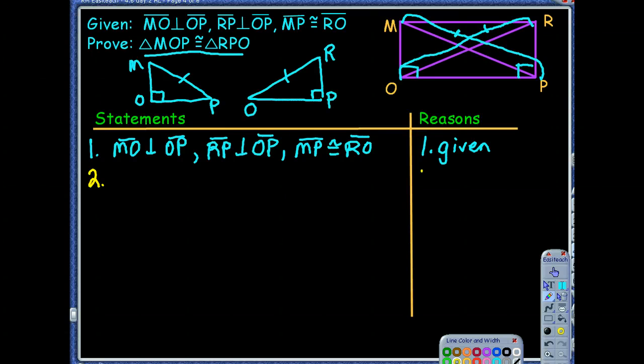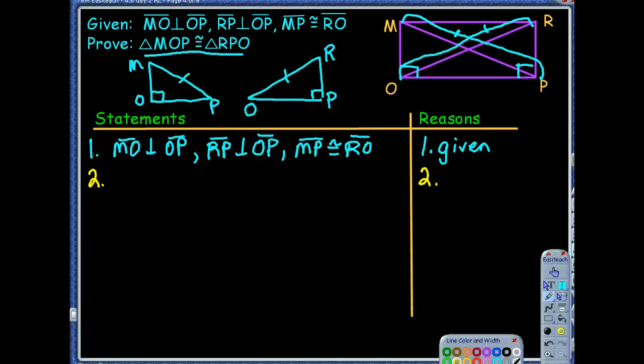Let's go with what you were saying already, Ms. Hochgrabe. Every time I see that perpendicular, unless I was trying to say the two lines are parallel because they're perpendicular to the same line, the only other thing I'm probably going to use is the fact that they're right angles. And knowing what section we're in and that we're talking about right triangles, that's probably going to be a good idea.